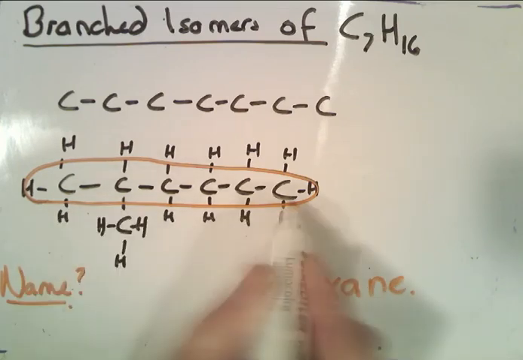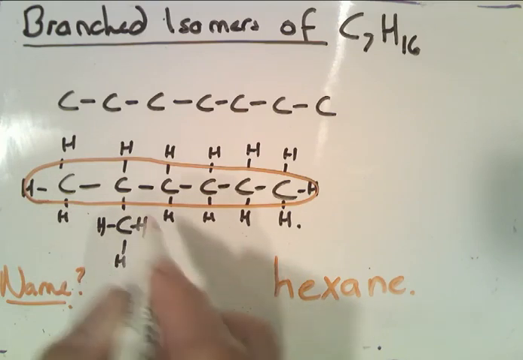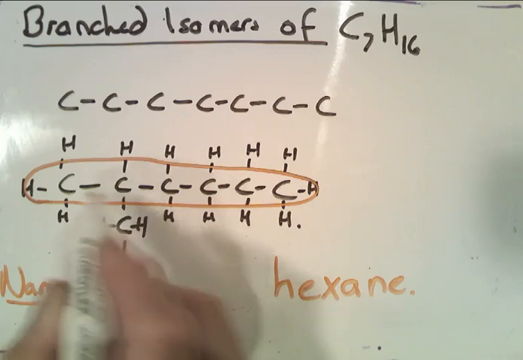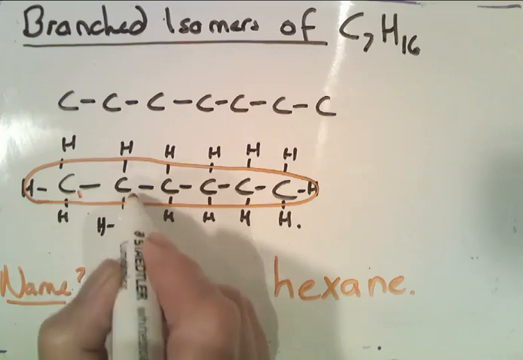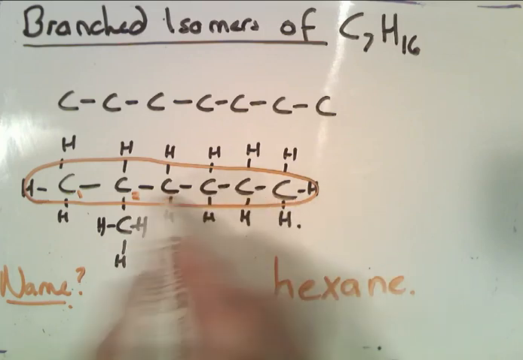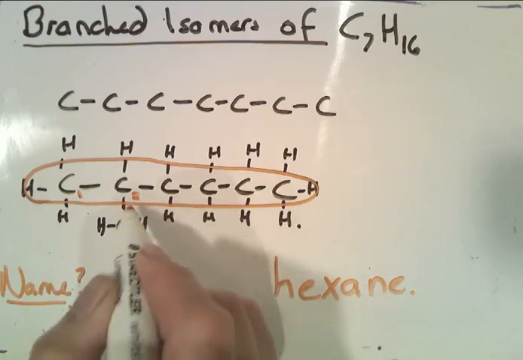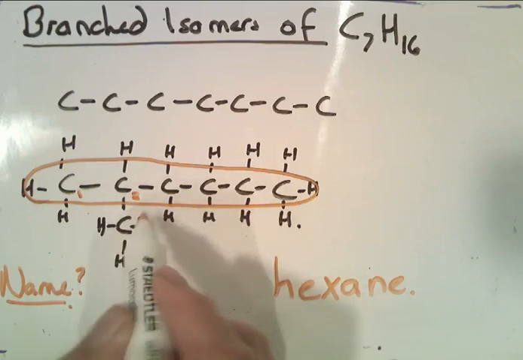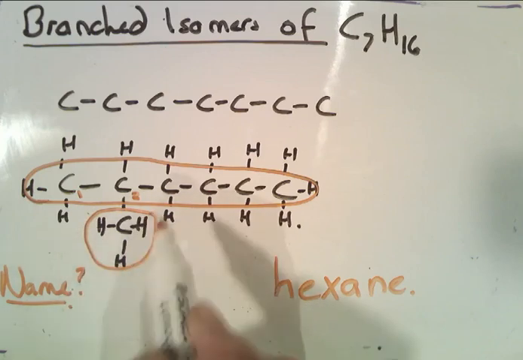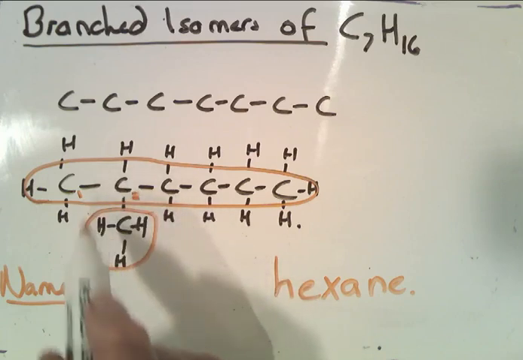Then you have to number the chain so that any groups hanging off it are on the smallest number. If we numbered this 1 and that 2, that's lower than if we went from here, 1, 2, 3, 4, 5. So you number from the end that gives you the smallest number. This group hanging off it has 1 carbon, so we use a prefix.